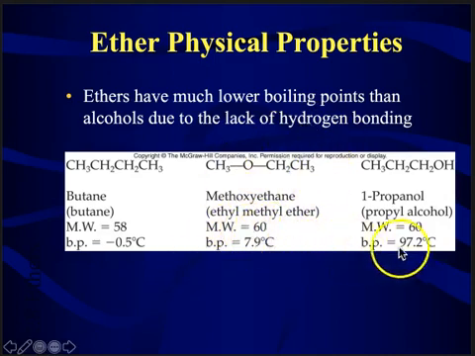However, when you're comparing it to an alcohol with similar molecular weight, not even close. The boiling point is much higher, so the alcohol has much stronger intermolecular forces than an ether or the hydrocarbon.